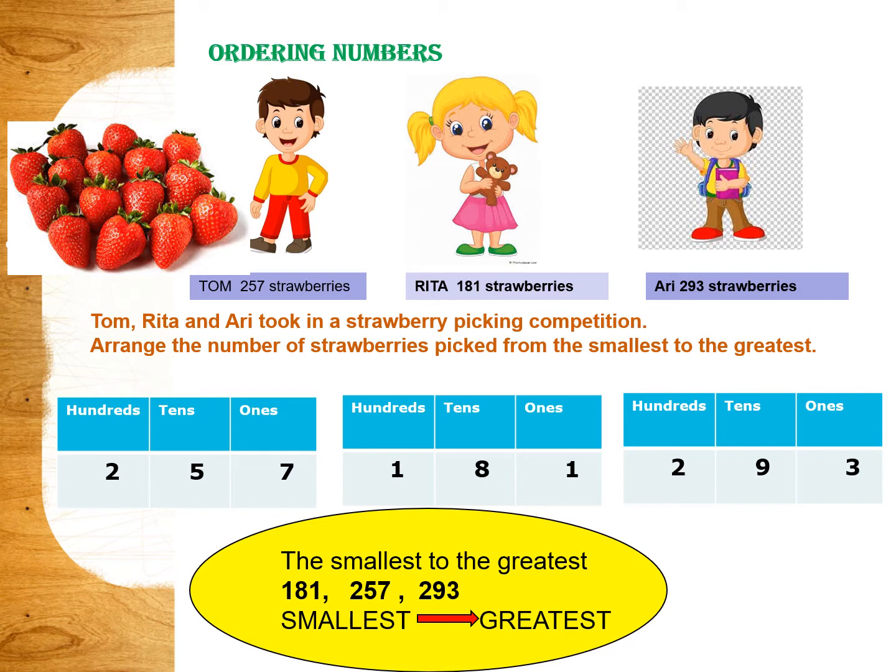If we order the number of strawberries picked from the smallest to the greatest, we have 181, 257 and 293. So Rita came in first place.